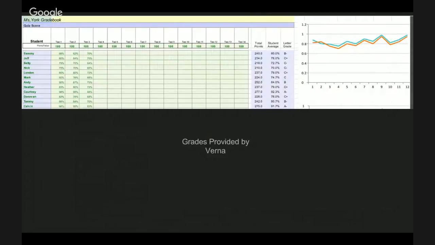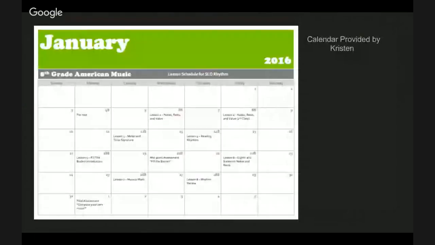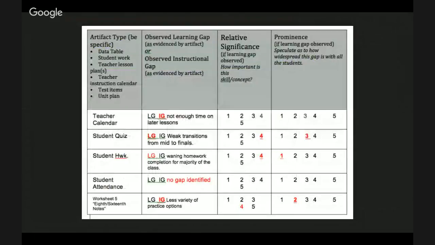Next, Verna provided us with some quiz grades. So what we saw was very similar to what we had in the original data. So we saw a learning gap, which meant that the transitions from the midpoint assessment to the final were just moving too quickly, and the transitions weren't there.